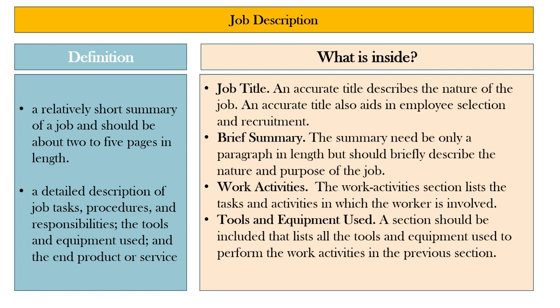A section should be included that lists all the tools and equipment used to perform the work activities in the previous section. This is very important because when you're looking at the whole job description, you would really have an idea of what are the necessary competencies that that person must possess.